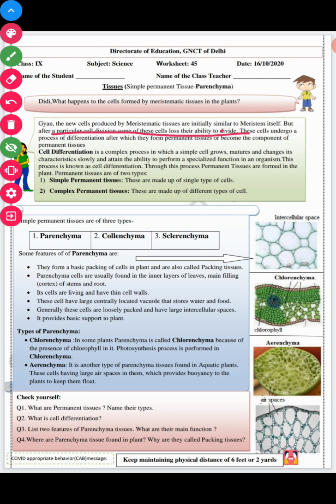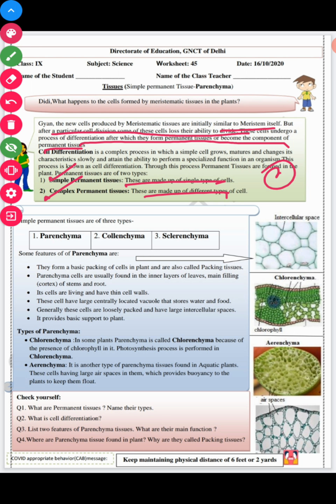They are called permanent tissues and perform a specific function. And the next part is name their types. They are two types: simple permanent tissue and complex permanent tissue, and you can write this also. This is the answer of your first question.